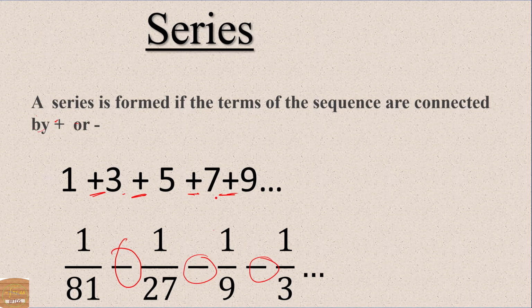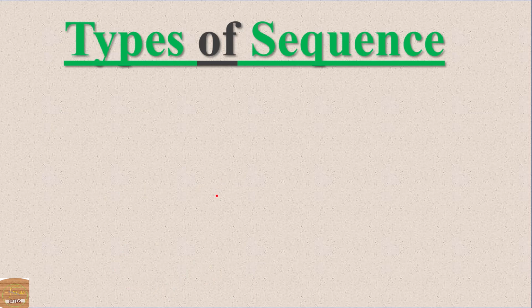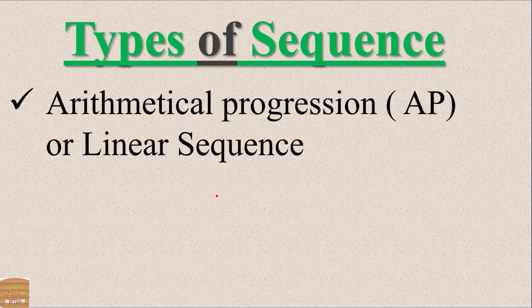Now let's quickly look at the types of sequence. We have two types. The first one is the arithmetical progression, which they normally shorten to AP. Anytime you hear AP, it means arithmetical progression or linear sequence.